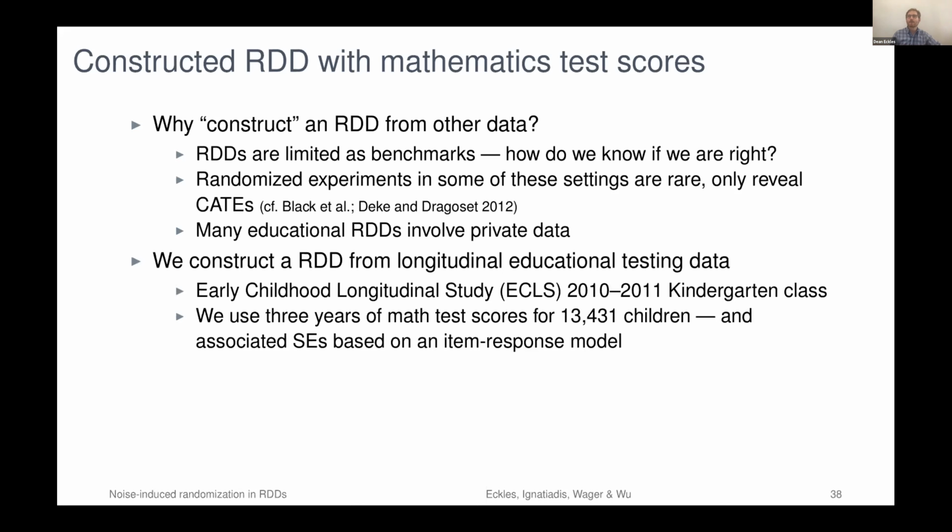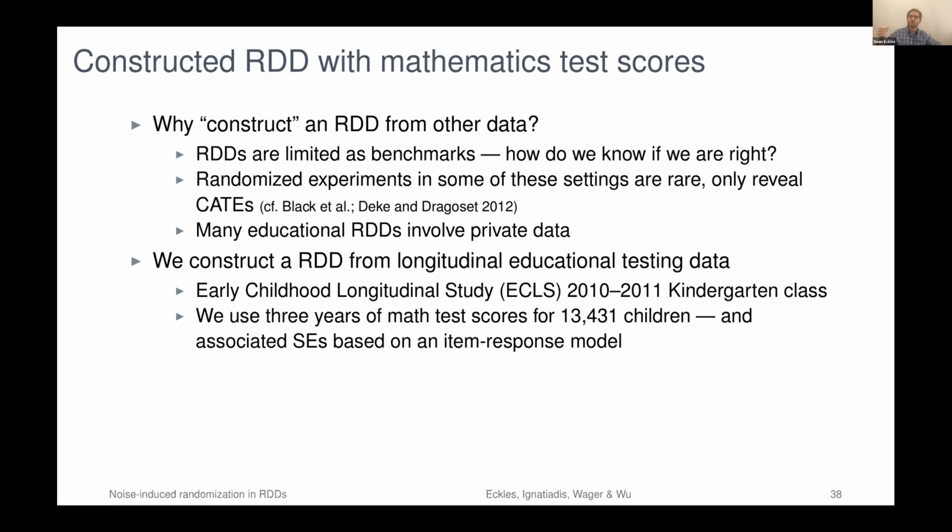So we construct a regression discontinuity design from longitudinal educational testing data. We take data from the Early Childhood Longitudinal Study for 13,000 children. One of the things that's amazing about that is that they have multiple years of test scores on the same scale, and each one comes with a standard error that's computed from an item response model.